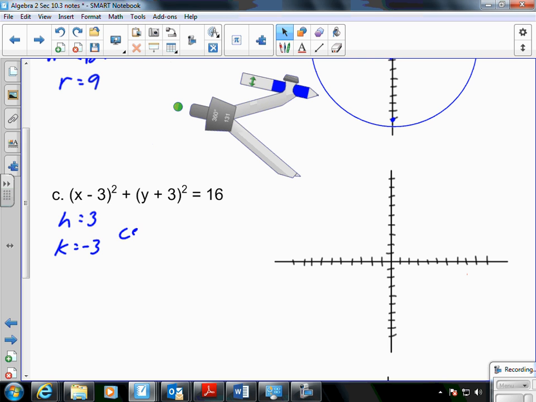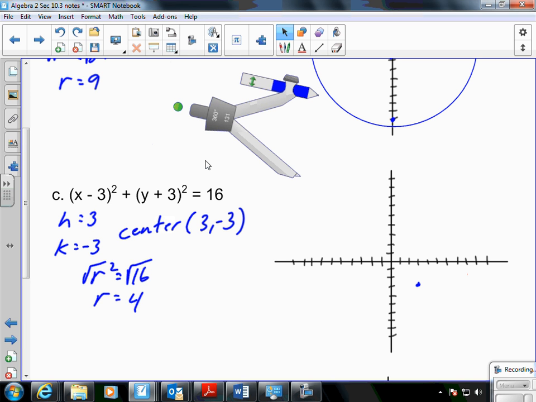So we've got a center at the point 3, negative 3. So 1, 2, 3, and down 3. And then we've got r squared is going to equal 16. Take the square root of both sides, and our radius is going to be 4.